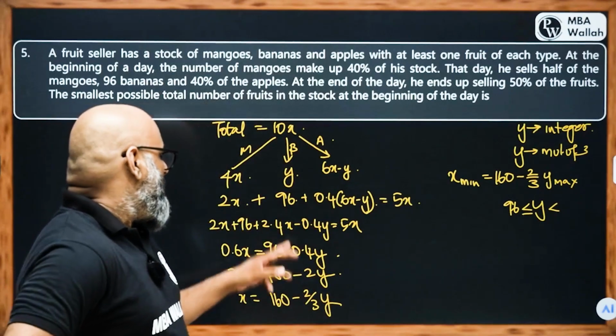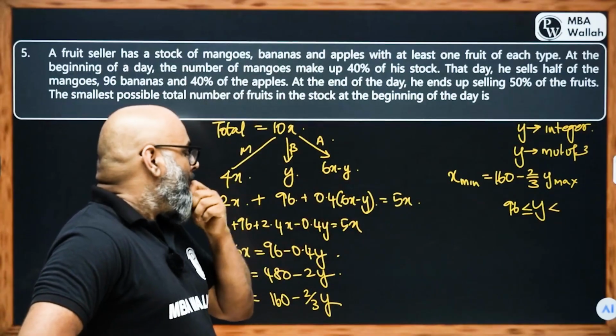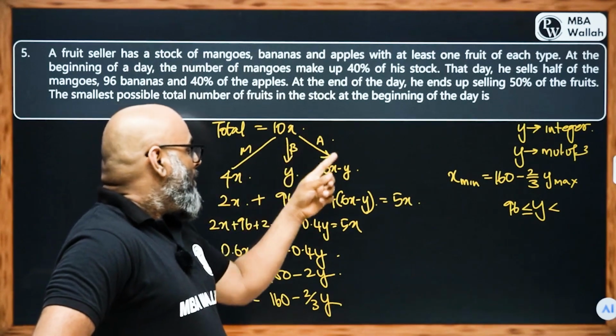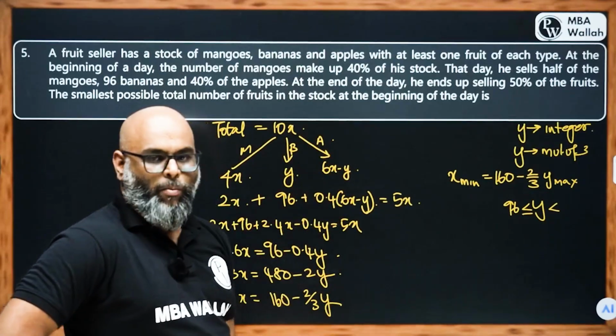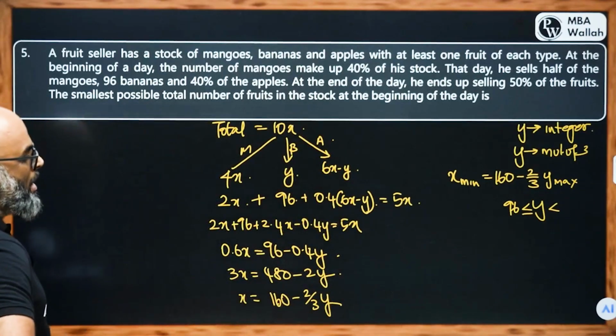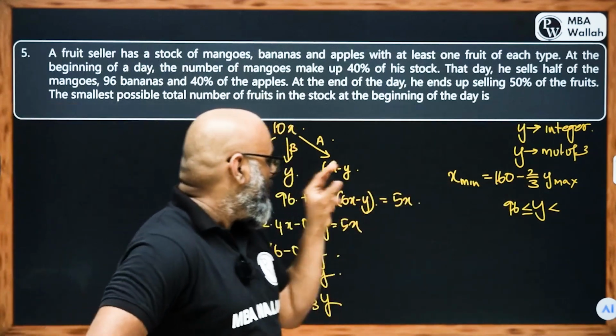Now I am wondering, if I put y is equal to 96 here, in this case I understand that we have to ensure that for some value of y, this is also greater than 1. What do I mean by that? 6x minus y. So substitute the value of x that we have here.